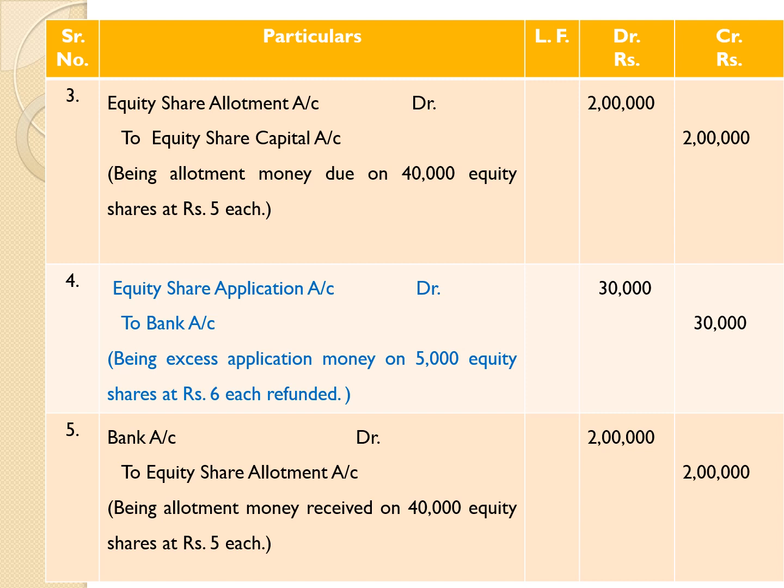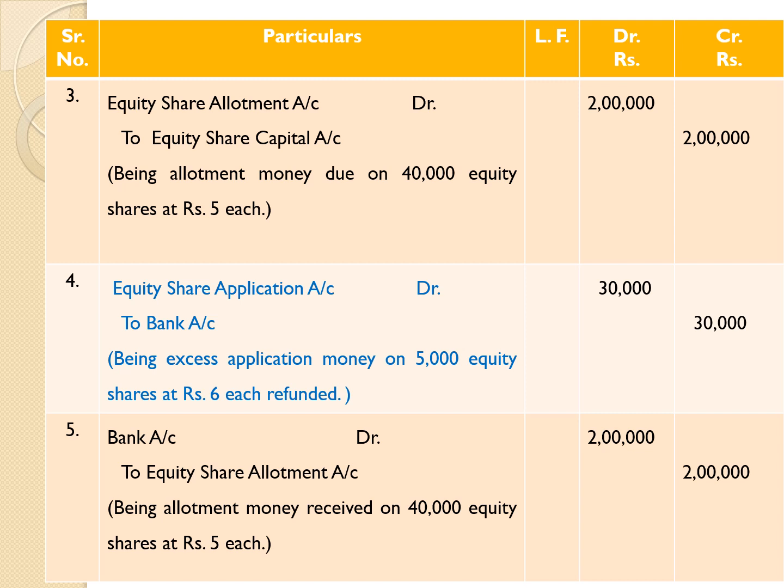Now, second part, that is allotment. Vishal Company Limited has called amount with allotment rupees 5 per share. So, entry number 3. Now we are concerned with allotment.